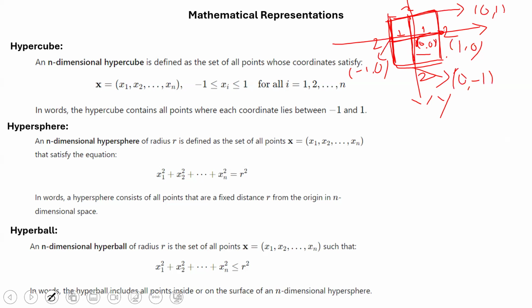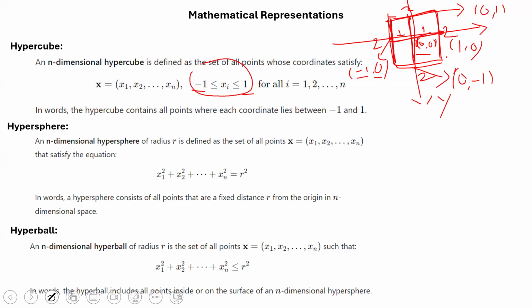So look at this: every point is between minus 1 and plus 1 in a hypercube. It depends on the length of the hypercube as well. If it is 3, it may go to minus 1.5. But in general, in most hypercubes, when you normalize it, all the points fall between these ranges.